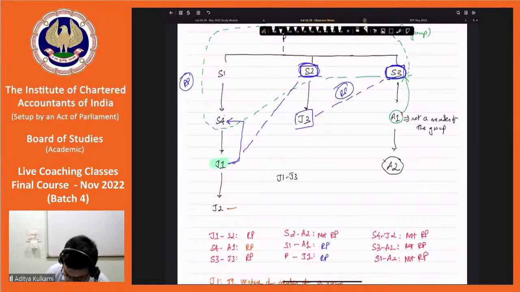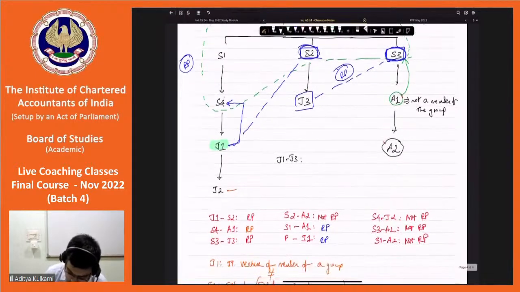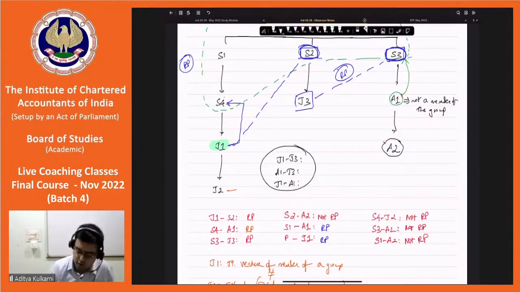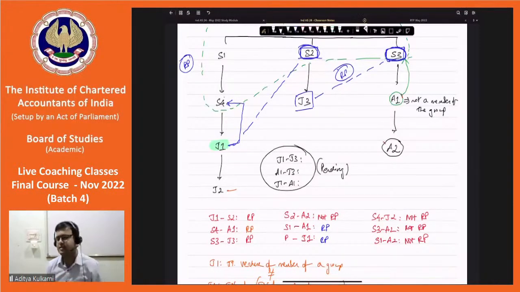J1, J3 is pending. A1, J3 is pending. J1, A1 is pending. These are the three relationships which are still pending. I have not discussed them. We will discuss this towards the later session of this chapter.